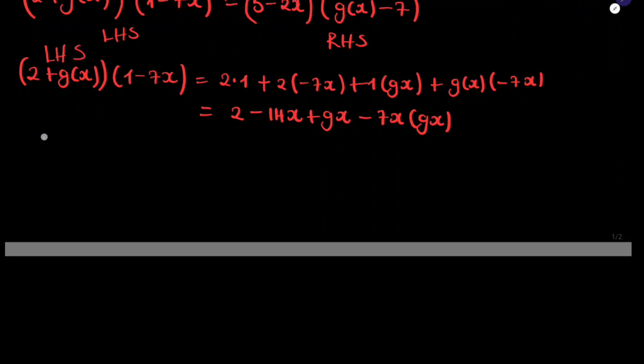So now let's also simplify the right hand side. So the right hand side, we have (5 - 2x) times (g of x - 7).